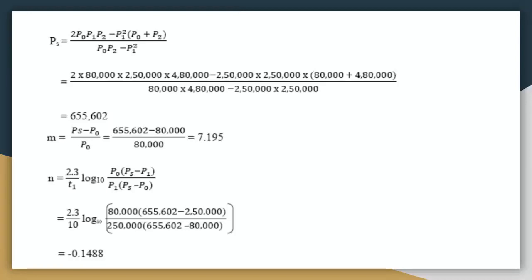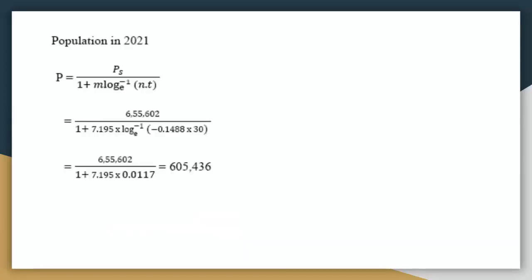Put the values and calculate the saturation population. Then we have to calculate m, then n. We get all these values, Ps, m and n. Then we will move on to the fourth equation, that is the population in 2021. That is P is equal to Ps divided by 1 plus m into log inverse n into T. Then we will get the population P.